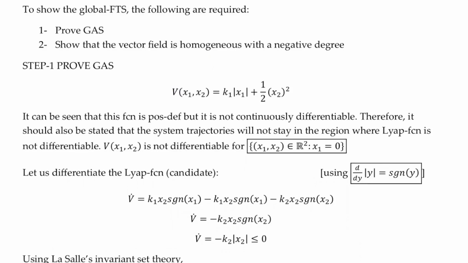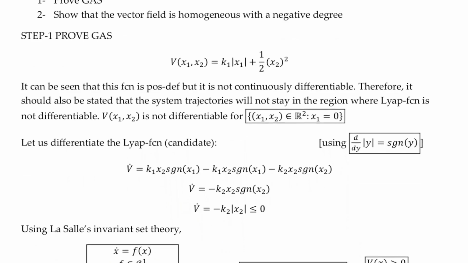I'm glossing over those facts. I'm aware of that, and I want you to be aware of that as well. This Lyapunov function candidate is not differentiable on this set, because the absolute value function is not differentiable at the origin.